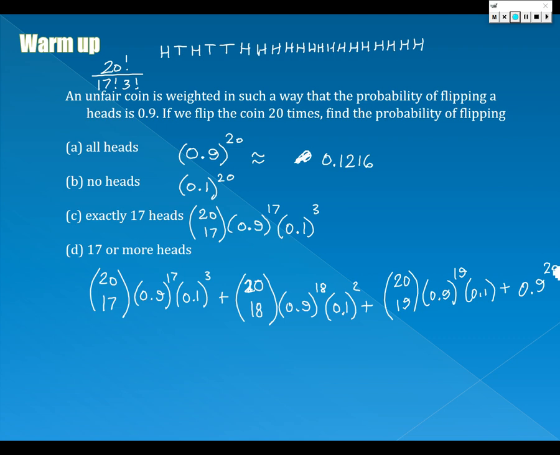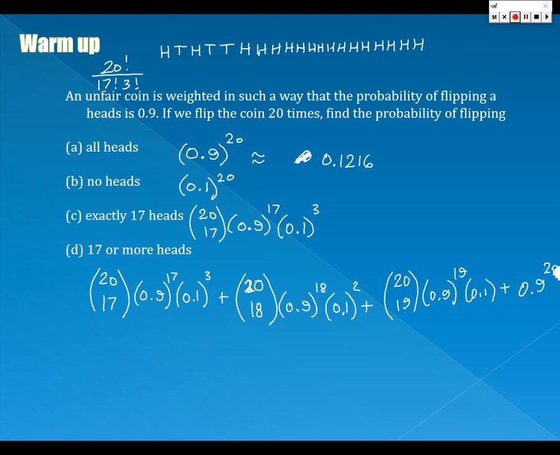So that's cool. And as we do this, this does seem very familiar, doesn't it? When was the last time we said 20 choose something times this thing to a power plus this thing to a power, where the powers add up to this? Binomial theorem.